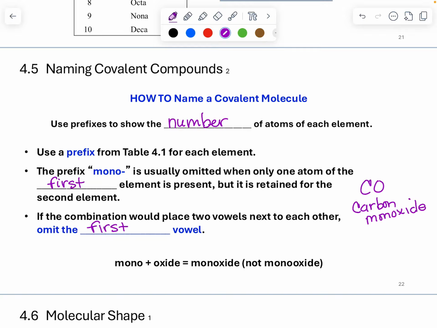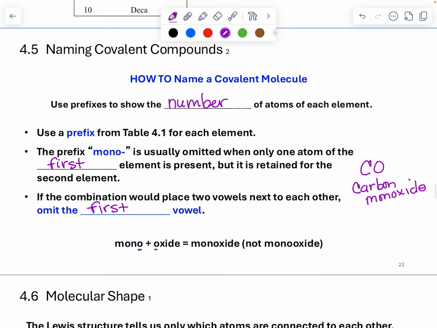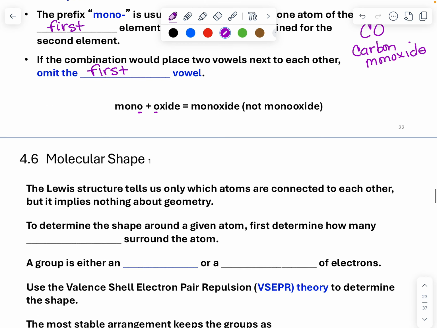And so we see this in the name given here. Monoxide, there's a vowel that ends mono and a vowel that starts oxide, so we simply drop the first vowel. So you'll have some practice naming covalent compounds as you go along, and again you just use the prefixes that are given in the table above.